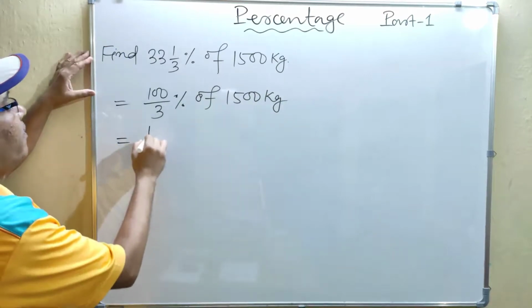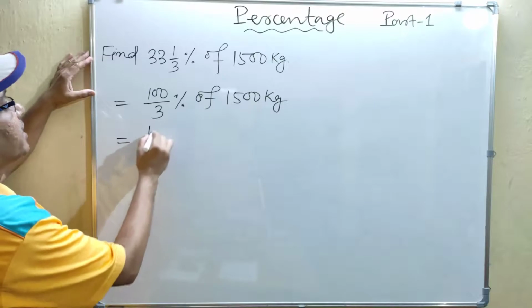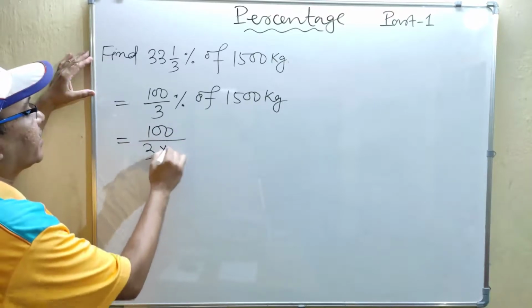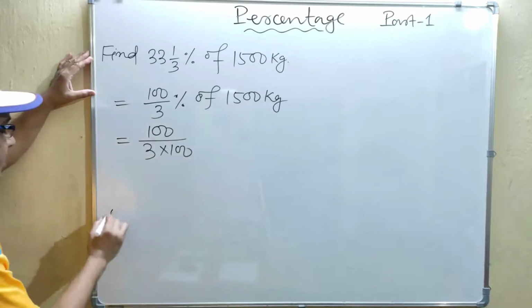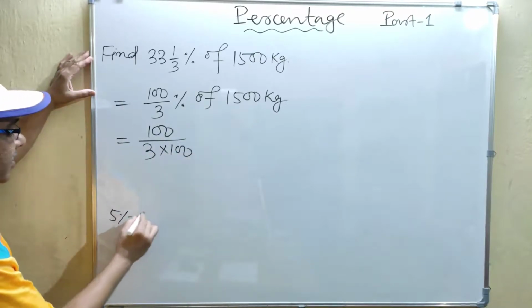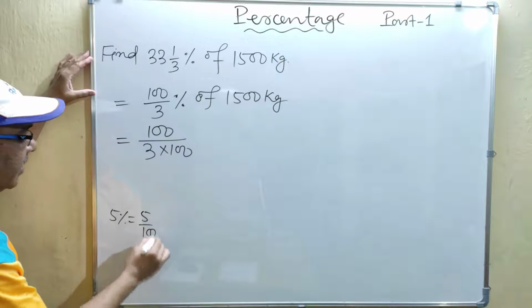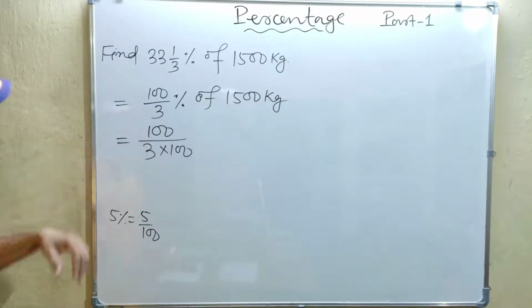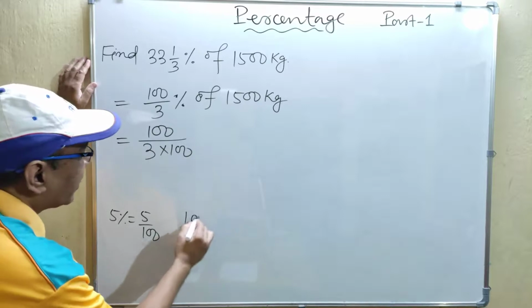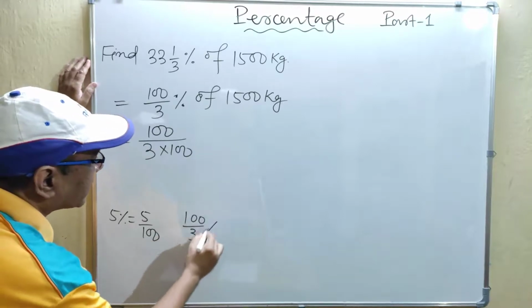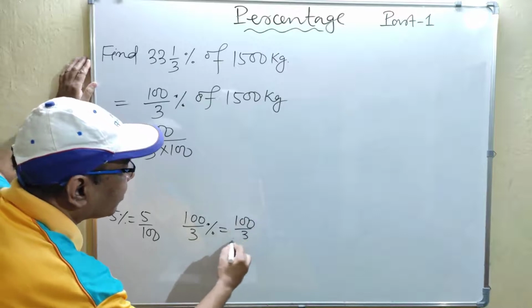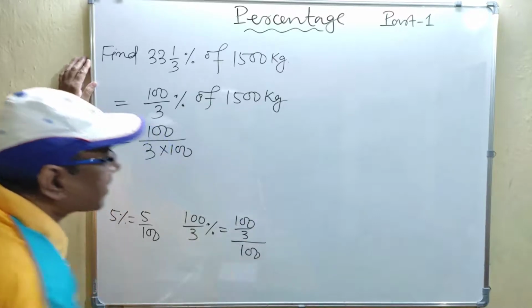Now 100 by 3% means 100 by 3 whole divided by 100. Just as 5% means 5 divided by 100. So 100 by 3% means 100 by 3 whole divided by 100.